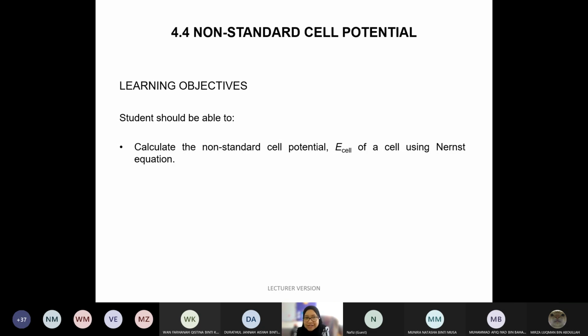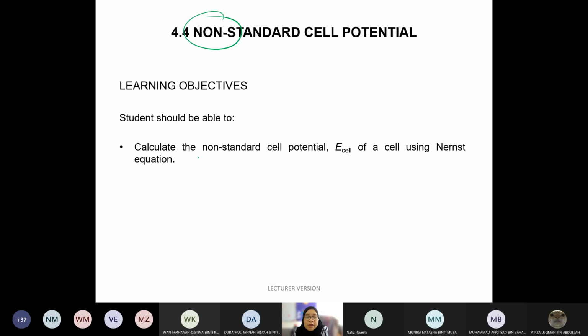For standard condition, the concentration will be at 1 molar. But for non-standard, other than 1 molar. It can be more than 1 molar. It can also be less than 1 molar. So as long as it is no longer 1 molar, it is considered as non-standard cell potential.